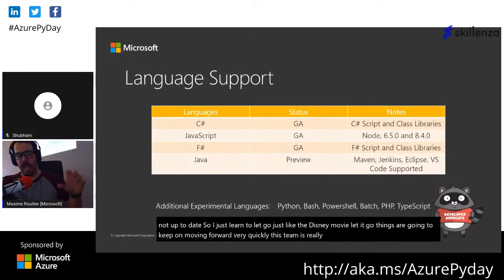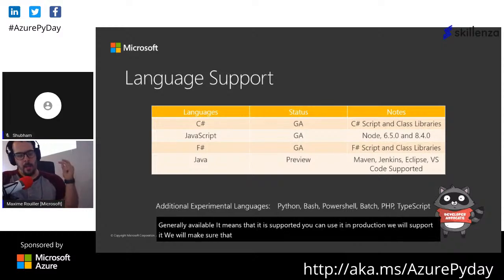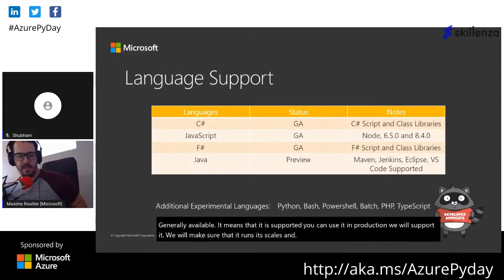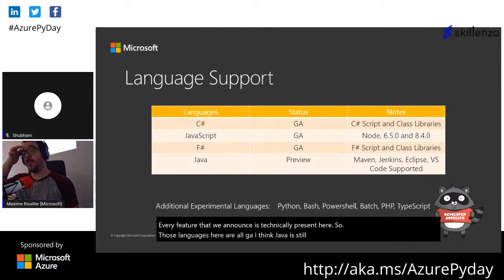So GA, by the way, means generally available. It means that it is supported. You can use it in production. We will support it. We will make sure that it runs, it scales, and every feature that we announce is technically present here. So those languages here are all GA. I think Java is still in preview for a few versions. Python is definitely in GA.